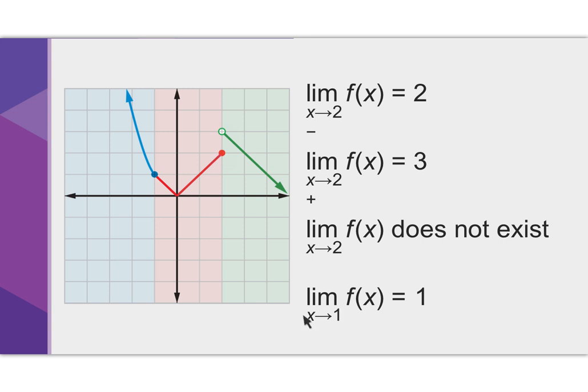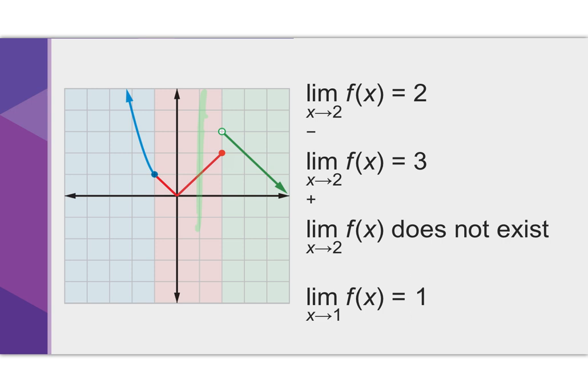Now let's look at 1, the number 1. If I look at what's happening as I approach the number 1, well, let's highlight 1. From the left-hand side, it's approaching 1. From the right-hand side, it's approaching 1.